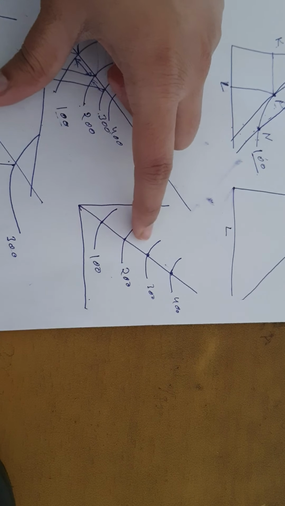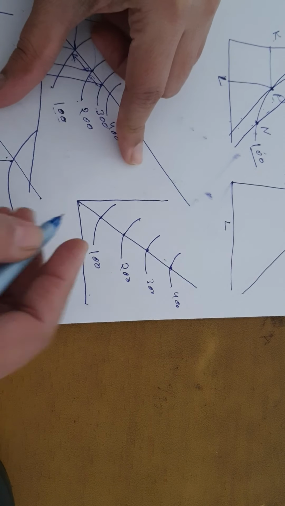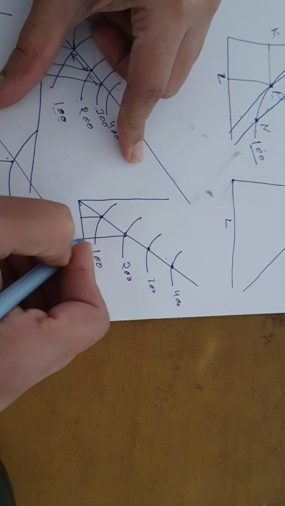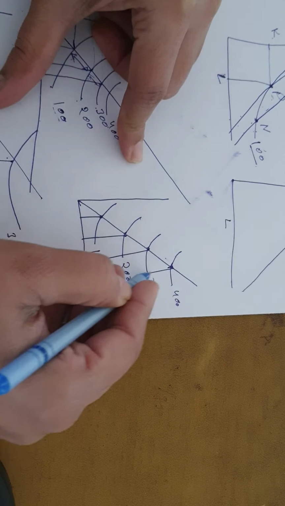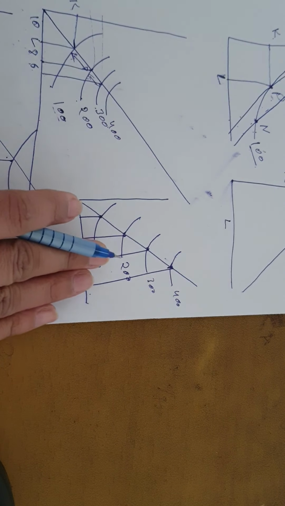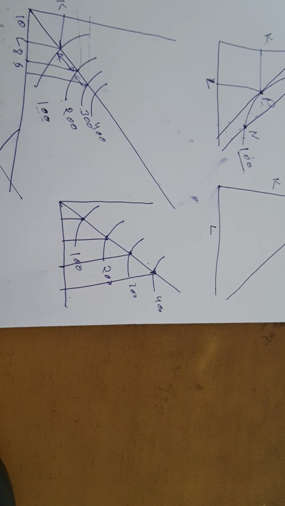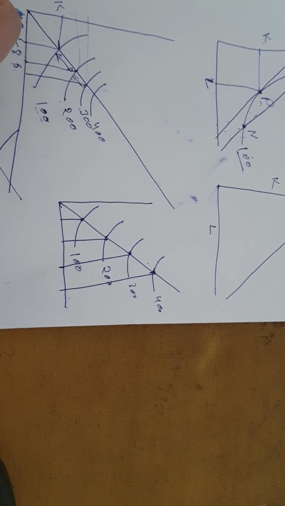So every time you are increasing your output by 100 units, and the input requirement is the same for every 100 units. So this is an example of constant returns to scale. Constant returns to scale is production in the long run.